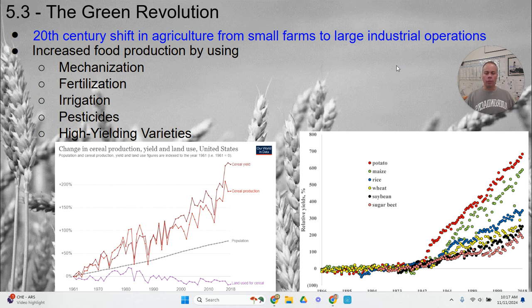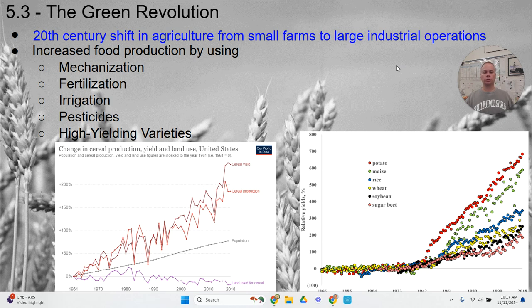And along with other technological advances, started to really dramatically improve yields of these crops. Norman Borlaug won a Nobel Prize for his work on the Green Revolution. Some people will say that he is responsible for saving 1 billion lives in the world due to the increases in yields that prevented starvation.